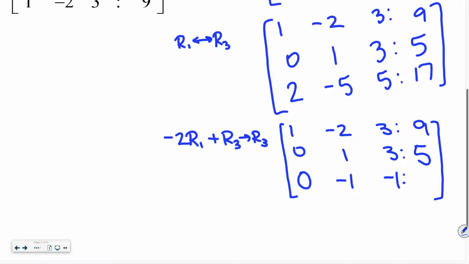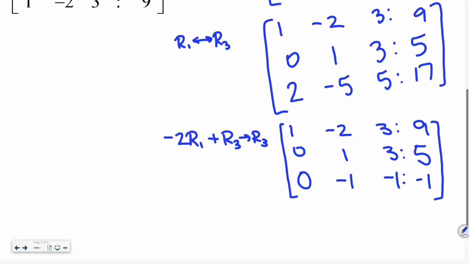And then -2 times 9 plus 17. -1. That worked out kind of nice. Okay. We're so close, aren't we?